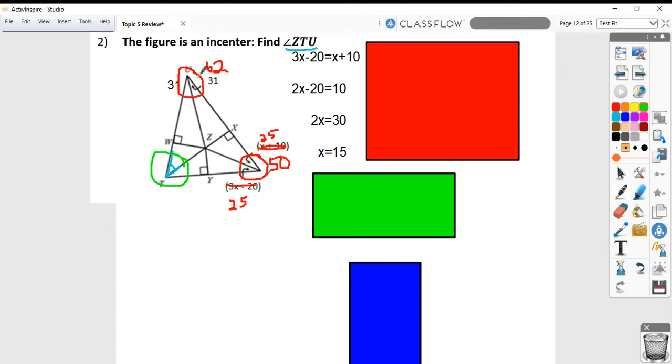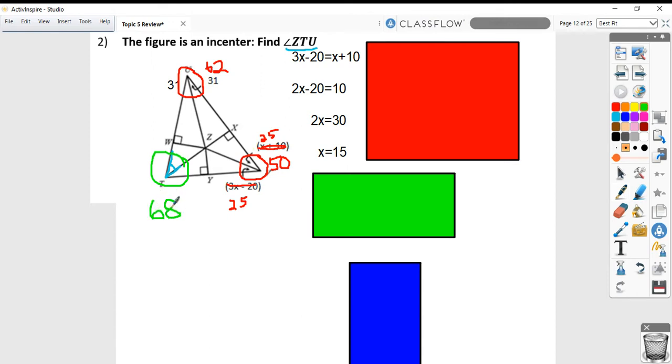Okay, we know also that every single triangle that's ever been created has 180 degrees on the inside of it. So if we take 180 minus 62 minus 50, that would give us this green circle right here. That measurement ends up being 68.